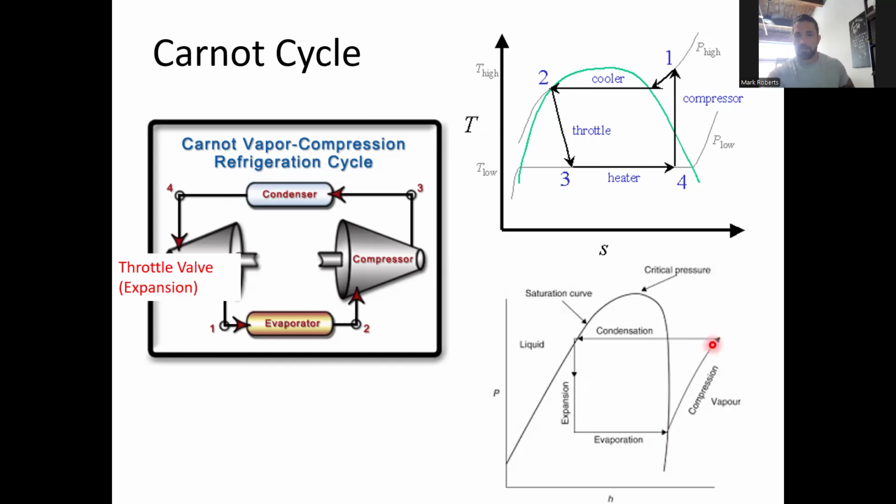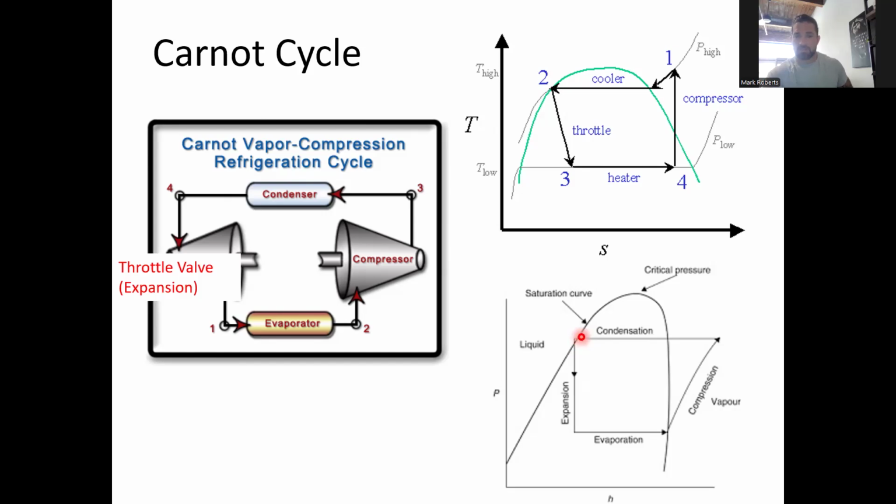I mean, we might know the pressure, we might know the temperature. That's something that we can pick in terms of how we operate the system. And then we compress it to there, and then in the cooler, we undergo a constant pressure process. We have constant pressure cooling, and it's going to cool all the way down until it gets to a saturated liquid. So again, we know where we're going to be on the outlet side of the system.